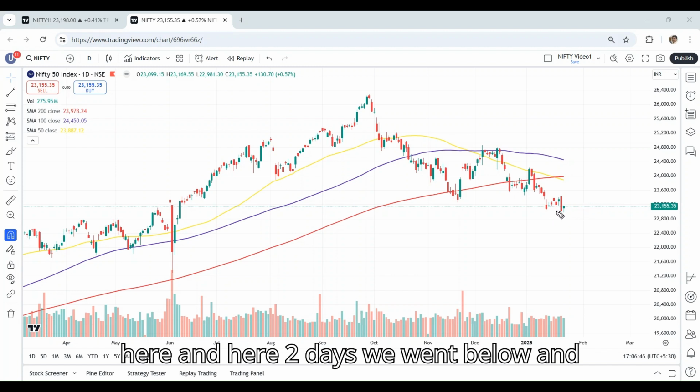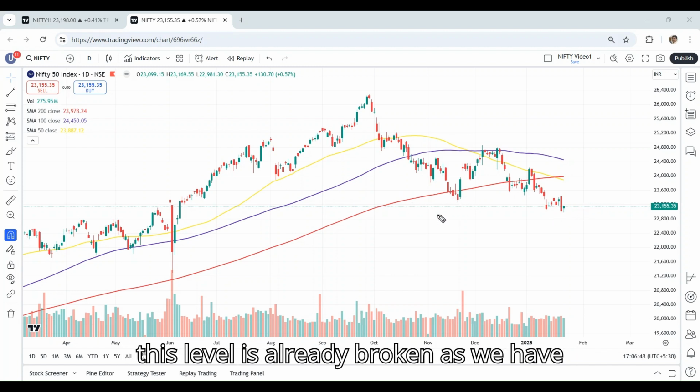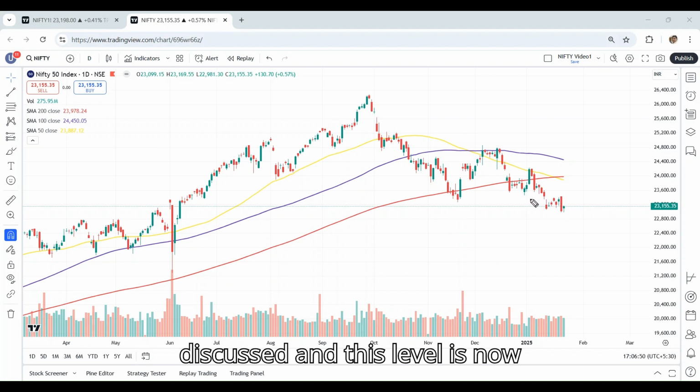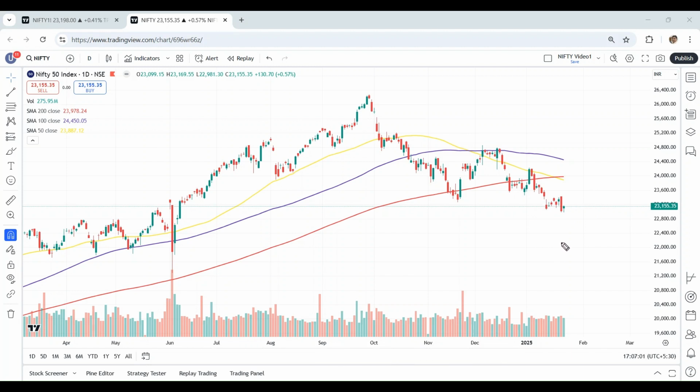Two days we went below, and this level is already broken as we have discussed. This level is now acting as resistance. So we are going there and coming down. Now 23,450 is a strong resistance.